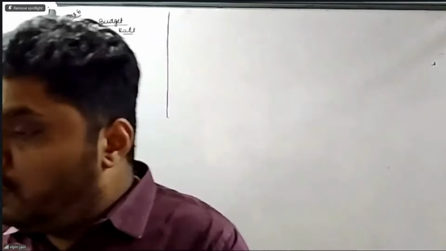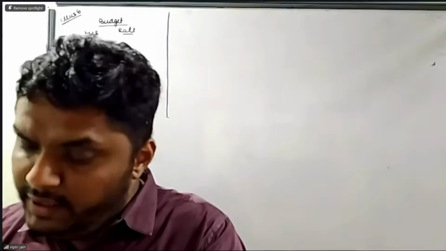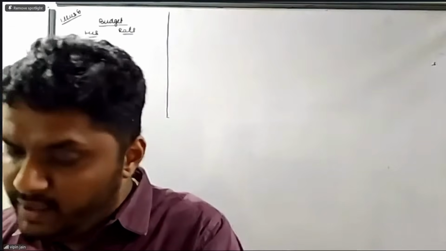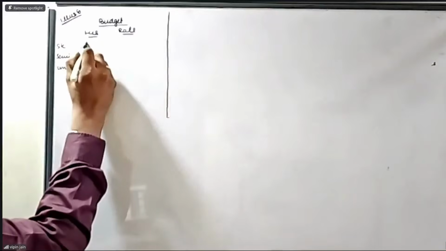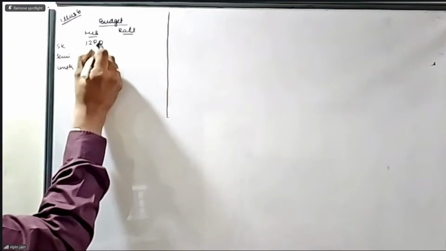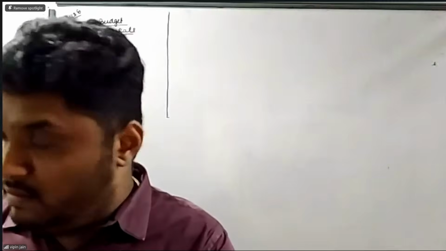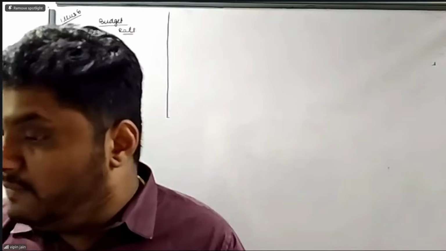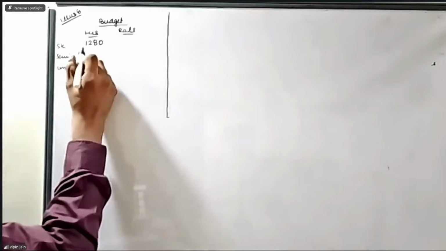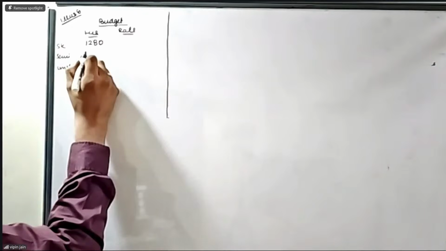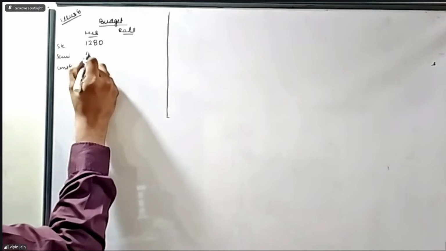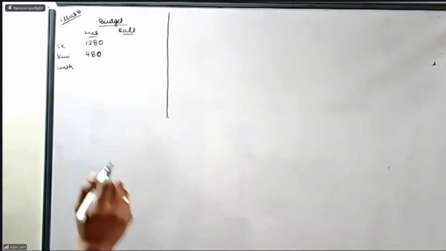When talking about budgeted hours, 32 skilled workers working for how many hours? 40 hours. So it will be 1280. Similarly, 12 into 40, 480 hours.